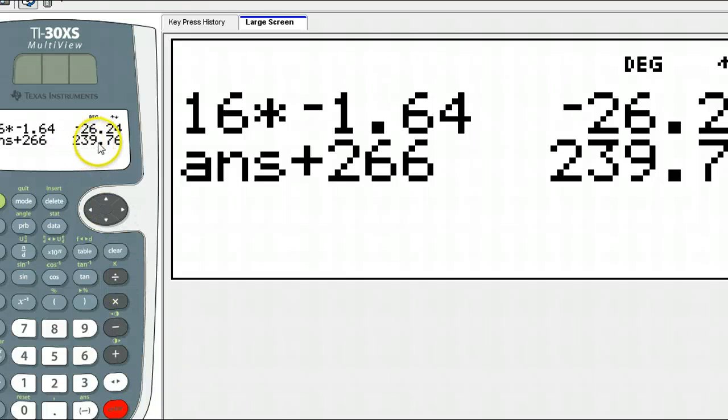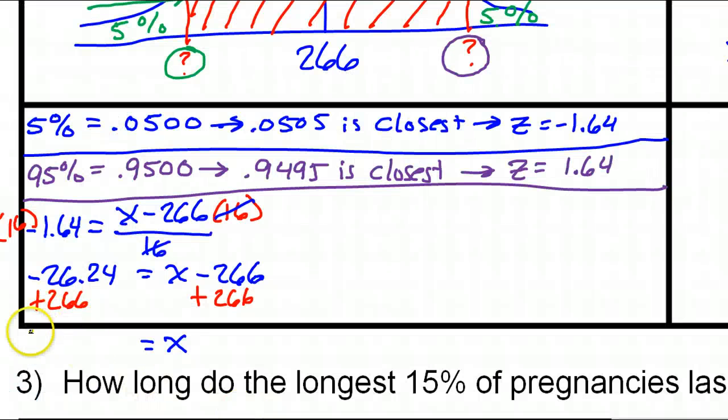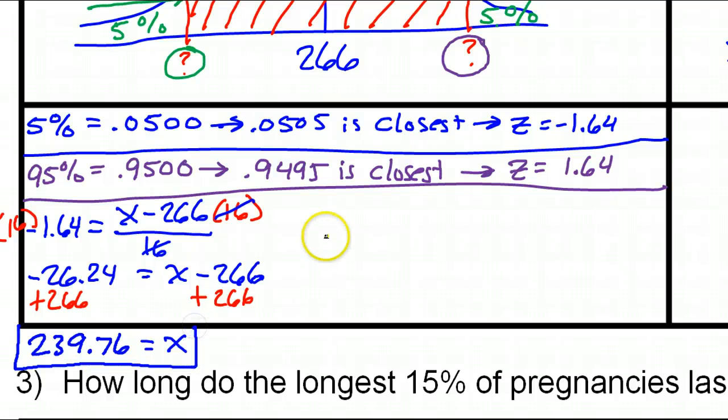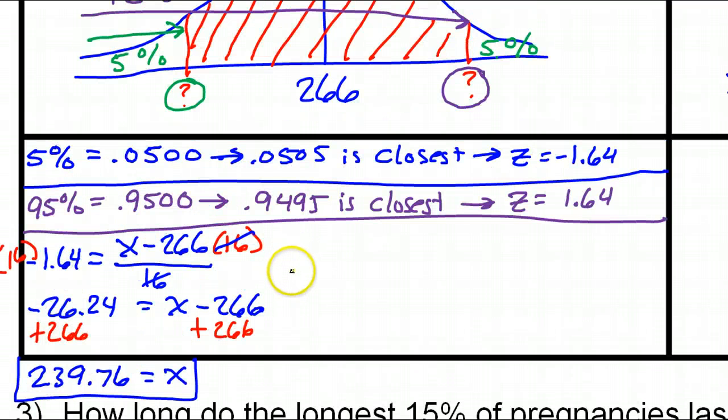That's 239.76. Okay, so that is my first x value. That's this one over here to the left. So let's go ahead and add that to our picture: 239.76.